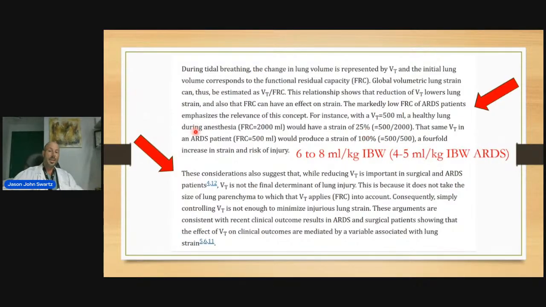But if you're giving the same tidal volume, you're following the 4 to 5, the safe volumes, let's say they're in the ARDS, but now you have 500 of FRC and you have 500 of tidal volume, while the strain here that's occurring in those alveoli is fourfold. It's like 4 times the amount.